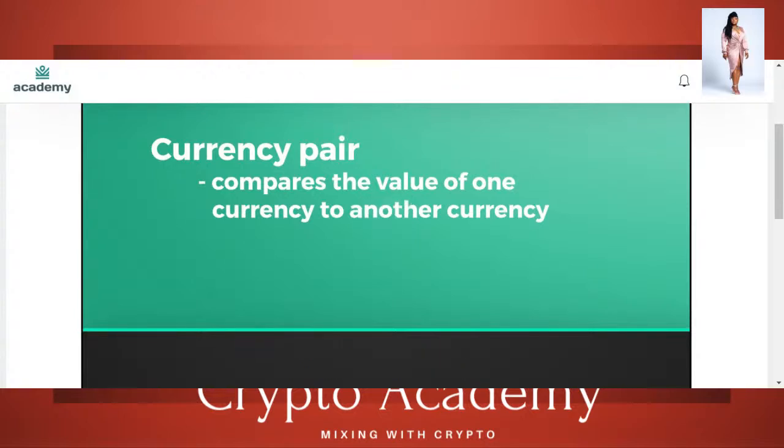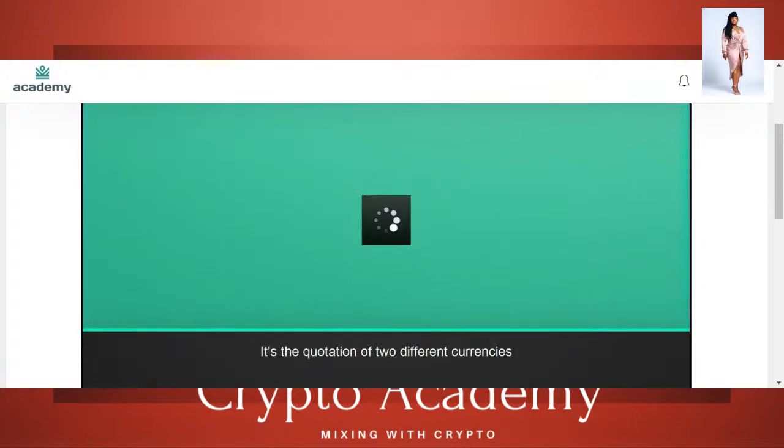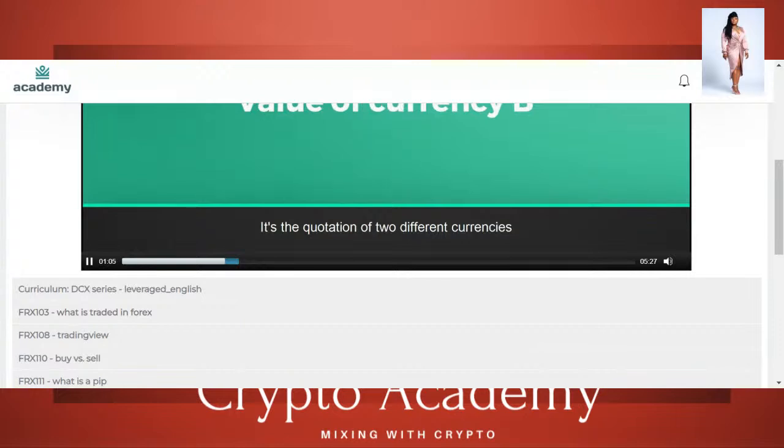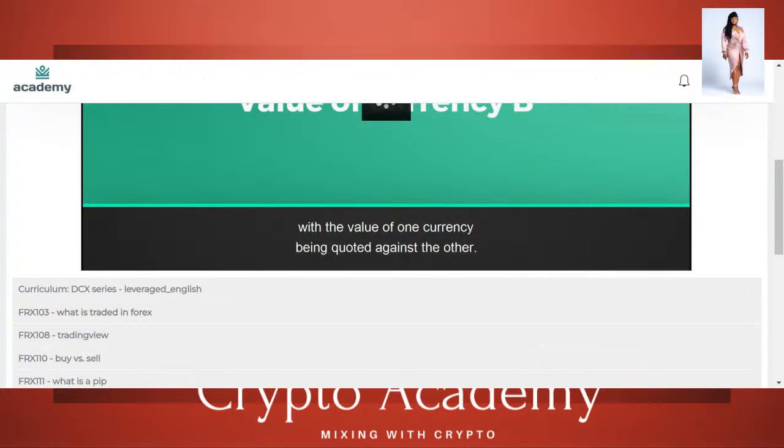It's the quotation of two different currencies with the value of one currency being quoted against the other. Let's look at an example.